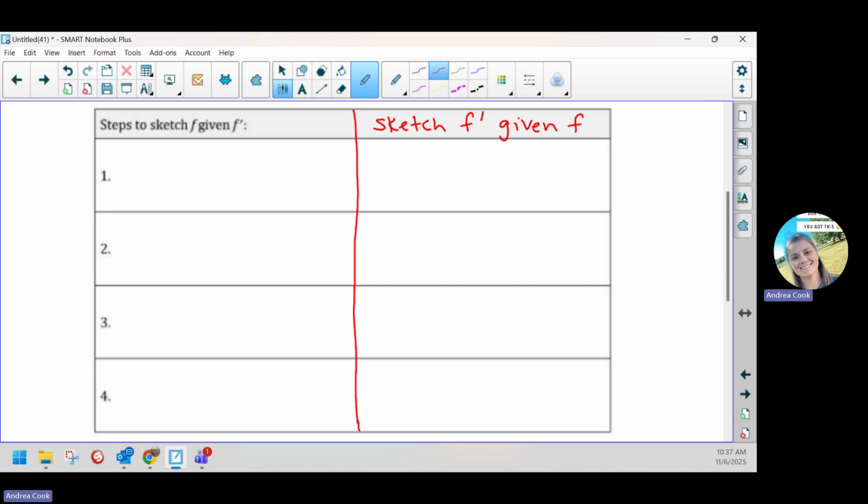And I'm going to start with that because I think that's mainly what we're going to do today. And then tomorrow we'll do sketching f given f prime.